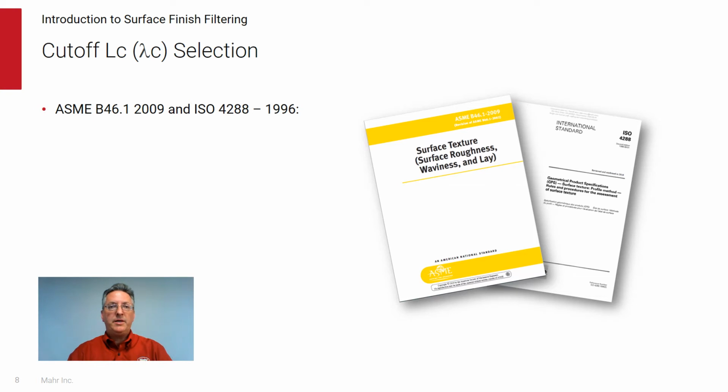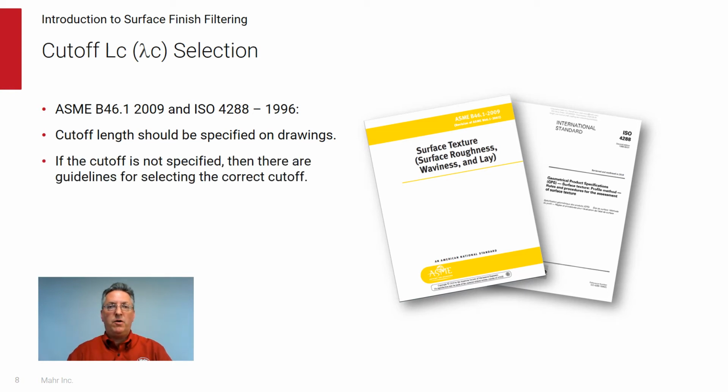The ASME B46.1 states that the cutoff should be indicated on all drawings requiring surface finish evaluation per ISO 1302. If the cutoff is not specified on the drawing, both standards follow a method for determining the correct cutoff.